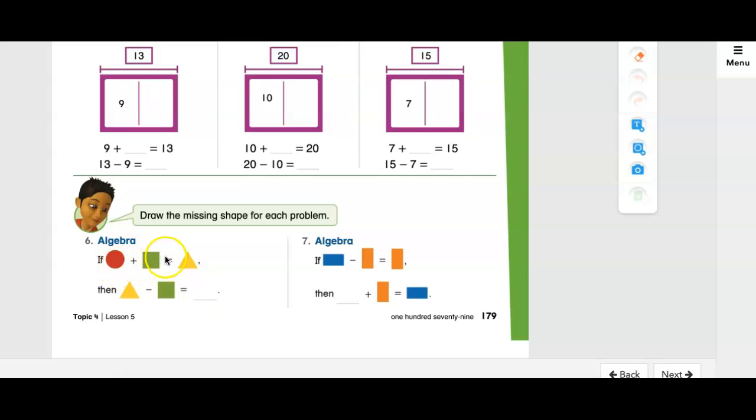Think of these shapes as a fact family. We see our first equation has a circle, a square, and a triangle. Our second equation has a triangle and a square. So what shape is missing from the second equation that was in our first equation?